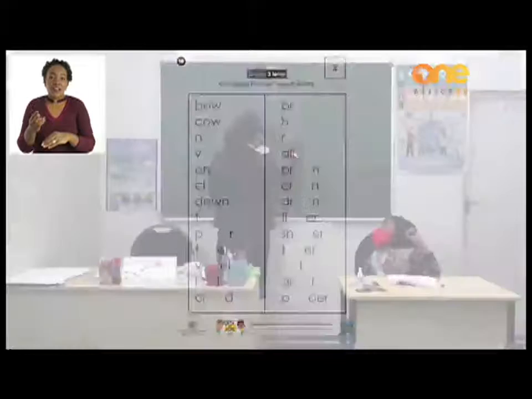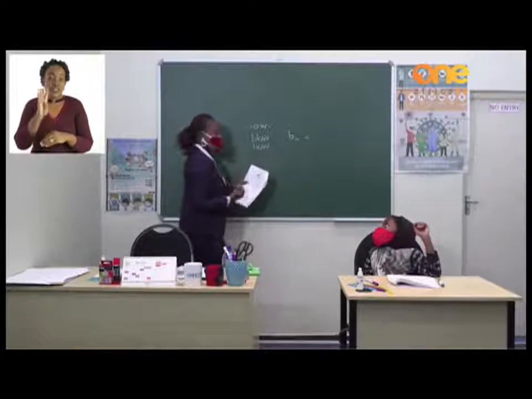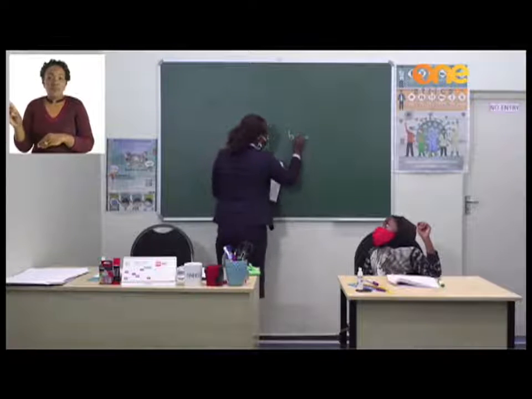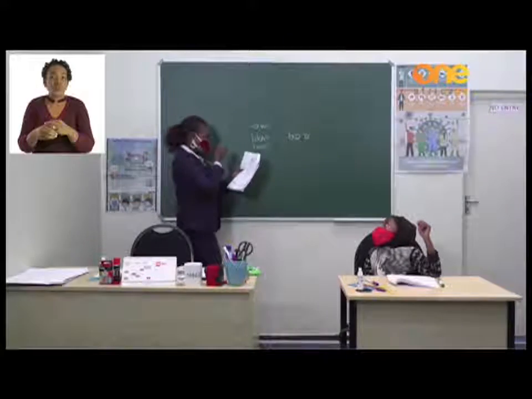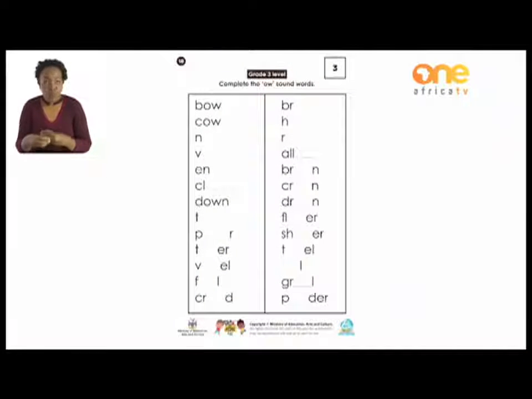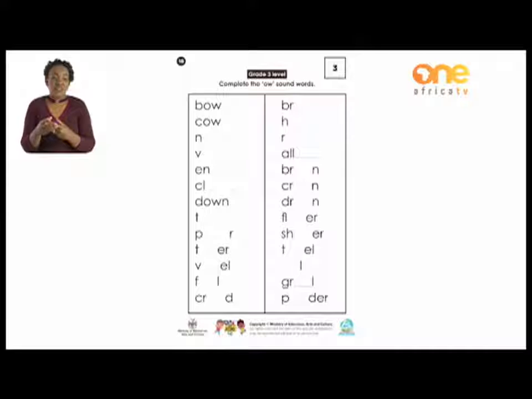B. So the sound O was added to make it bow. Then we have a C, where the sound O was added to make the word cow.